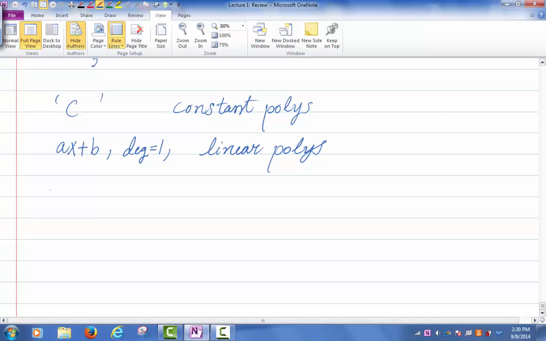And then I have ax squared plus bx plus c. So any time I have a polynomial of degree 2, it's a quadratic, very good, quadratic.